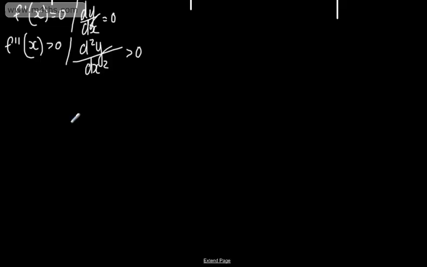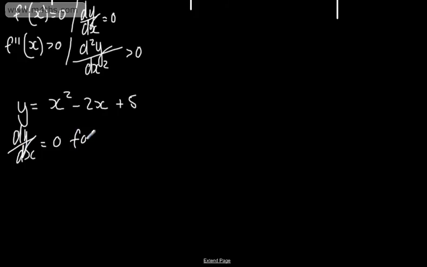Let's just look at this in action. So let's take a quadratic function. Let's say y is equal to x squared minus 2x plus 5. What we're going to do now is look at finding the stationary point and determining its nature. So dy dx will be equal to 0 for a stationary point, so for SP.